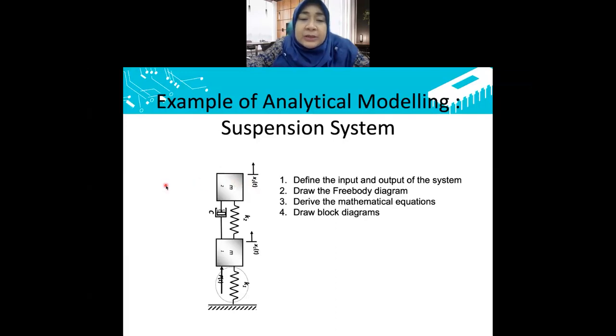For example, if I put the set point here, x2 to the ground, maybe I can set it to about 200 millimeter, which is about 20 centimeter. So whatever road profile I have, even if it's bumpy, I want that 20 centimeter to remain the same, so it doesn't change. That way my car will be very smooth, like driving an Audi, for example.